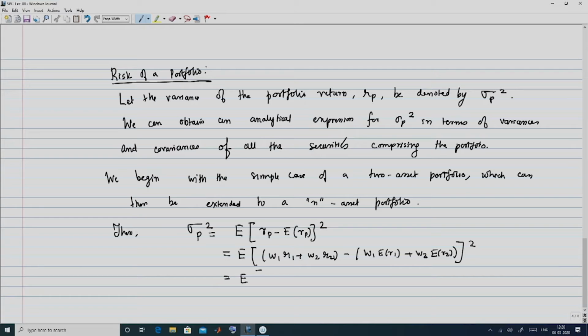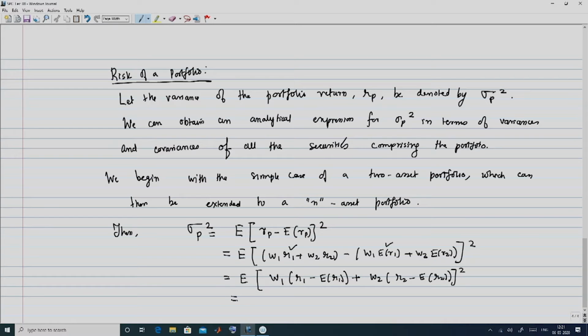Now, I combine the terms involving W 1 and W 2 separately. So, I will get E of W 1 into R 1 minus E of R 1, plus W 2 into R 2 minus E of R 2, square.